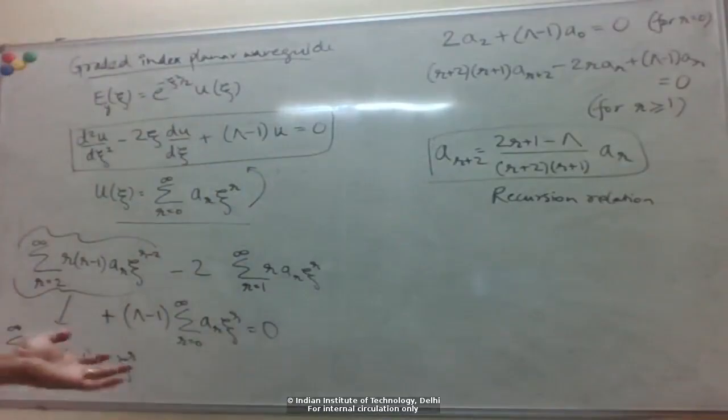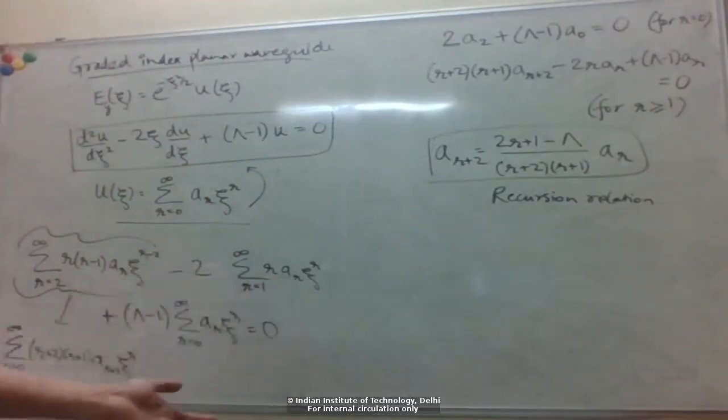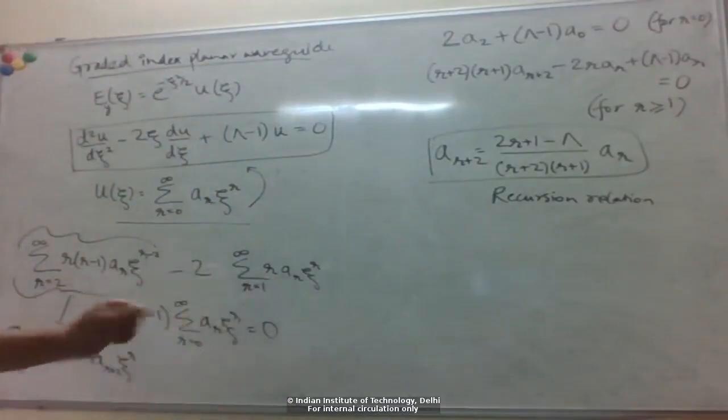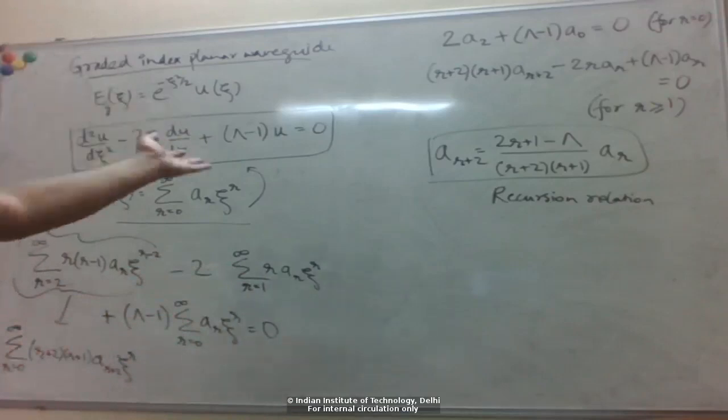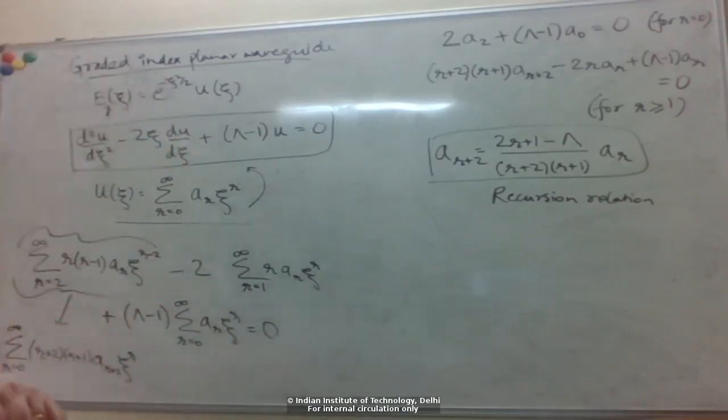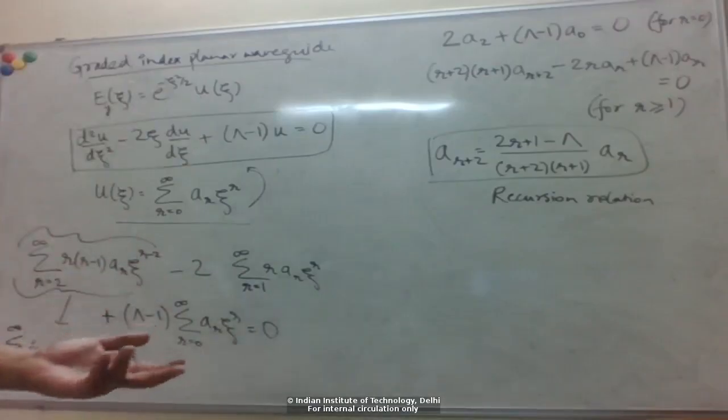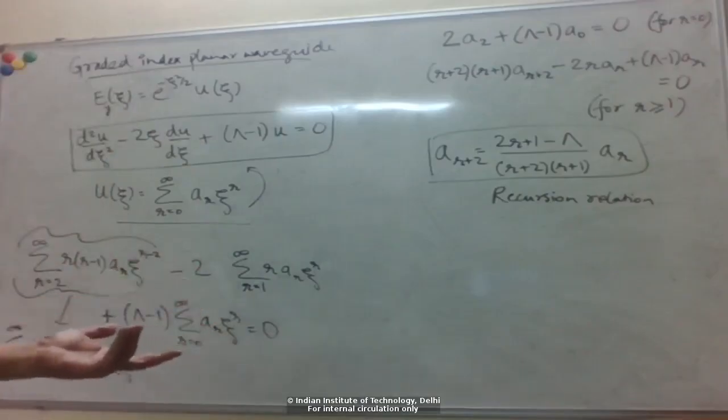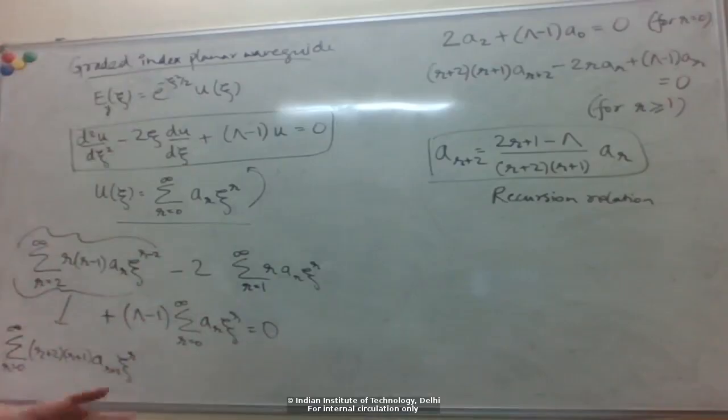Right, so in the step index guide, we got sinusoidal solutions in the core and then exponential decay in the cladding. In this case, we get a Hermite Gaussian solution. These Hermite Gaussian functions are very common, right? For example, you might have seen them already in your basic quantum mechanics course.